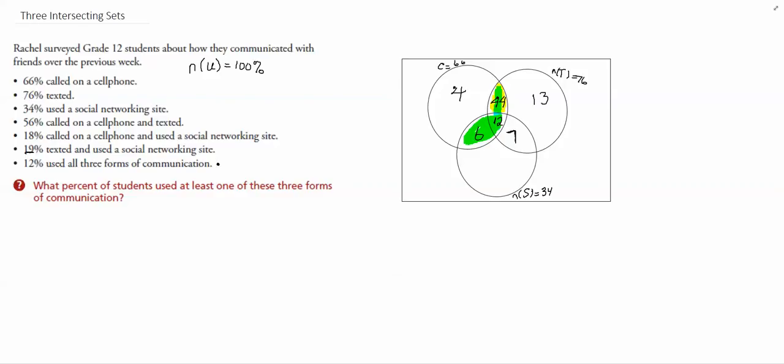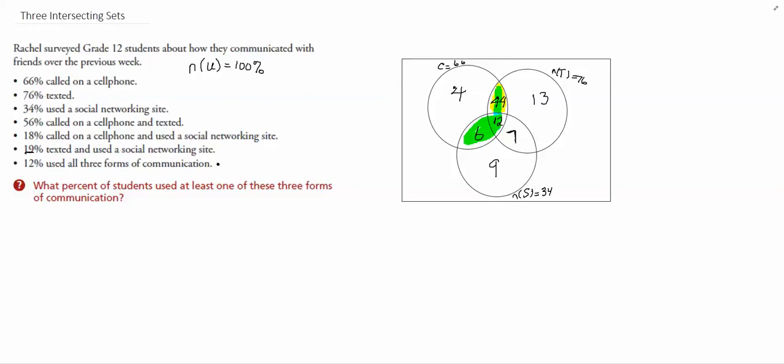So we have 34% altogether, and we have to take out the 6% that also uses a cell phone, the 12% that use cell phones and texting as well, and then the 7% that just text and use social networking site. And that leaves us with 9% in here.